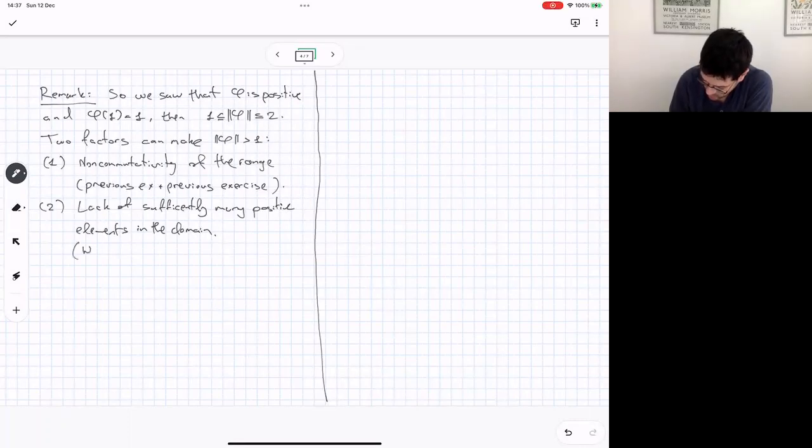We can show, and maybe I will give it as an exercise. I don't know yet. I need to think about whether it's interesting enough. We can show that if S is a C*-algebra and phi from S to T is positive, then the norm of phi is phi of 1.